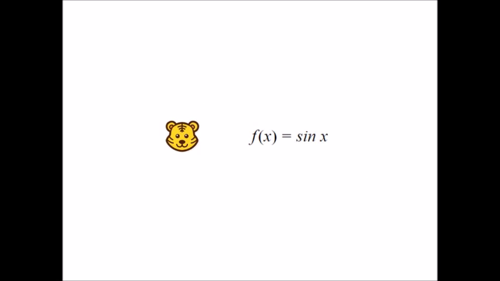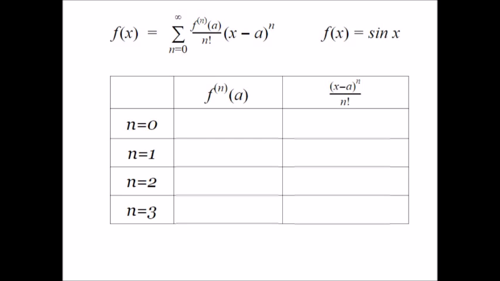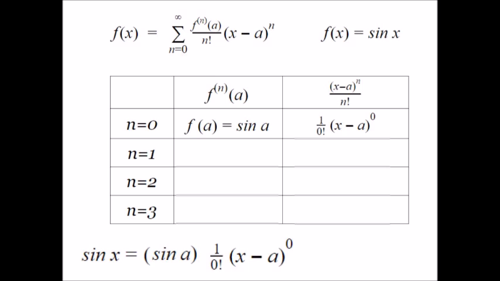One final example. And Yellow Tiger has this, a function to write out a Taylor series for sine. So let's get to it. n equals 0, so that's the 0th derivative, that's sine x at a, so that's sine a, got it? And then we have 1 over 0 factorial times x minus a to the 0th power, which is equal to 1.